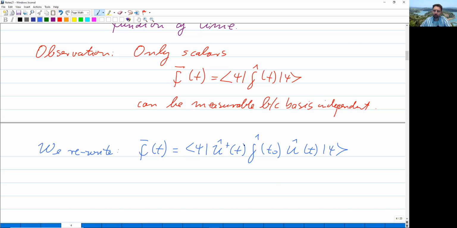Remember, f hat could be a position operator, a momentum operator, or some polynomial. So this is, of course, just f hat of t. But we can rewrite this slightly differently.